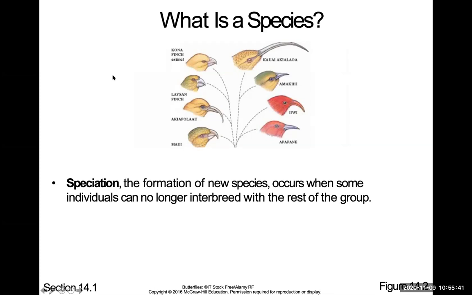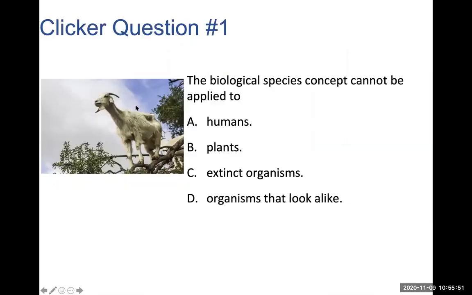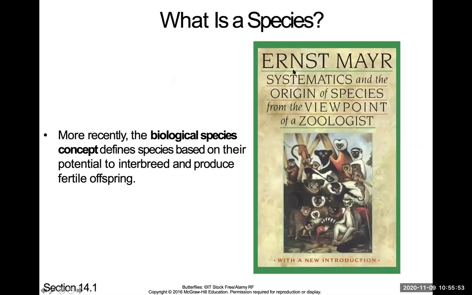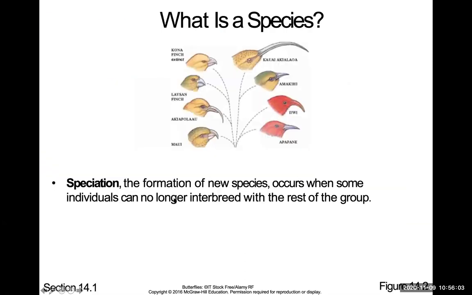So there are a lot of arguments going on in the scientific community regarding all that. That's why we have multiple concepts. And for this person, most people agree with them, and this is what we use in most of our biology books.